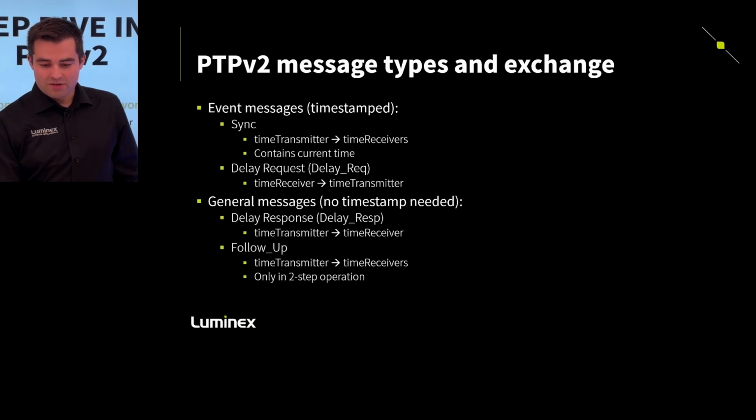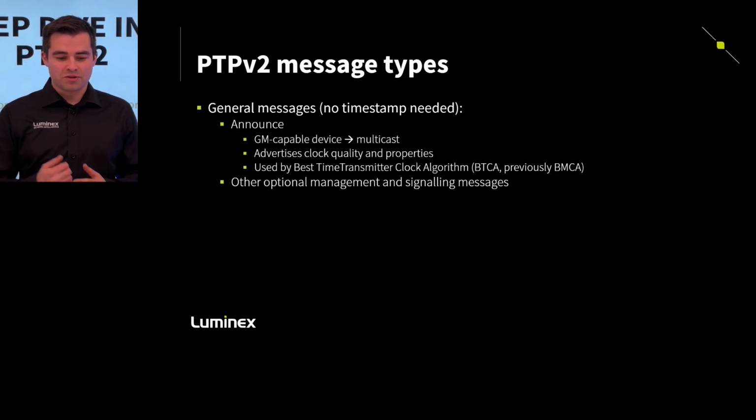There are more general messages, most important one being the announce message. The announce message is sent by all devices that can become grandmaster in the network. It's a multicast packet, so it will go through the whole network, and it advertises for each device their clock quality and priority values.